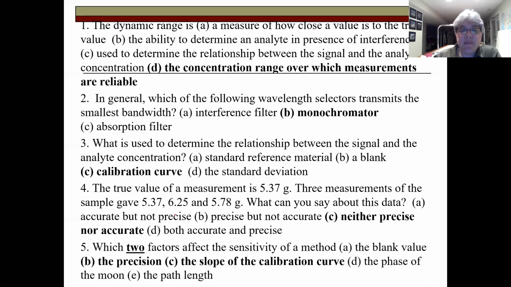True measurement, and then they give you 3 measurements, and then they ask how you can describe the data. So this data is not precise and it is not accurate. You'll notice the average would be very far from this, and these are very far apart. 2 factors, so you had to choose 2 answers. The factors that affect sensitivity were the precision and the slope of the calibration curve.